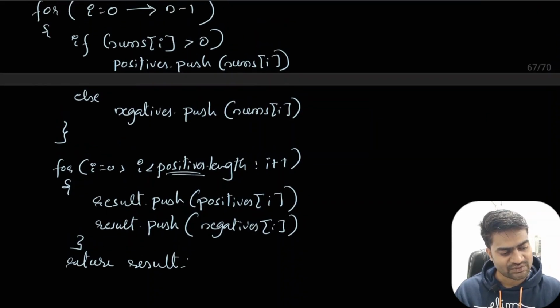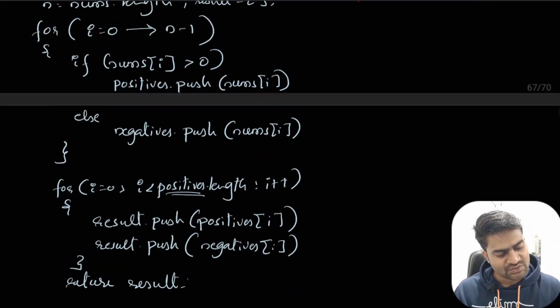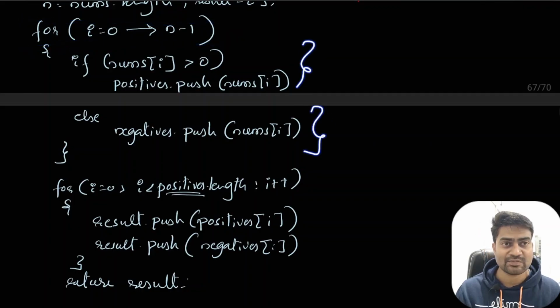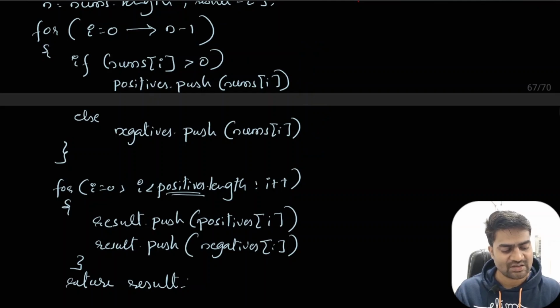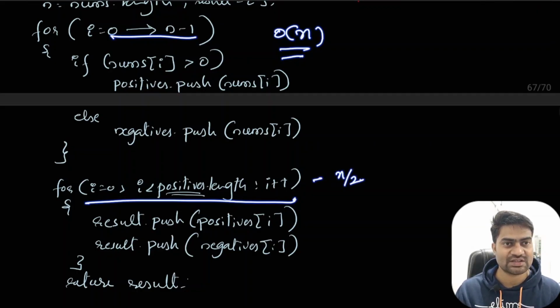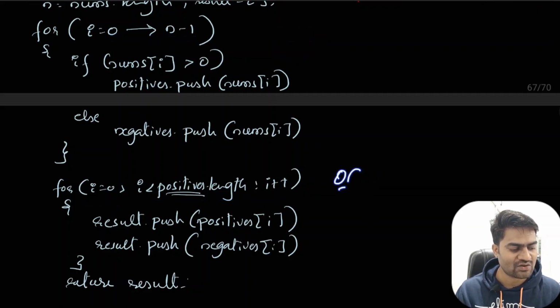Now if you see, we use this particular for loop to segregate the numbers into positive numbers and negative numbers arrays. So this is basically order of n time complexity. Then again we iterate almost n by 2 times, so we can consider this as order of n.